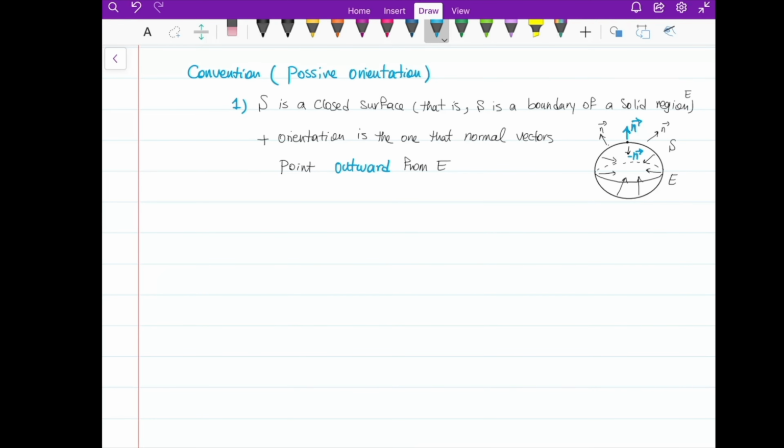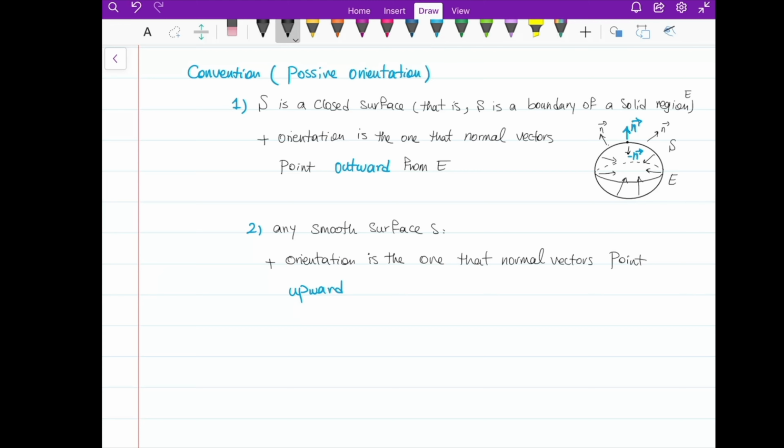And if the surface S is not closed, so for any smooth surface S, positive orientation is the one where the normal vectors point upward.